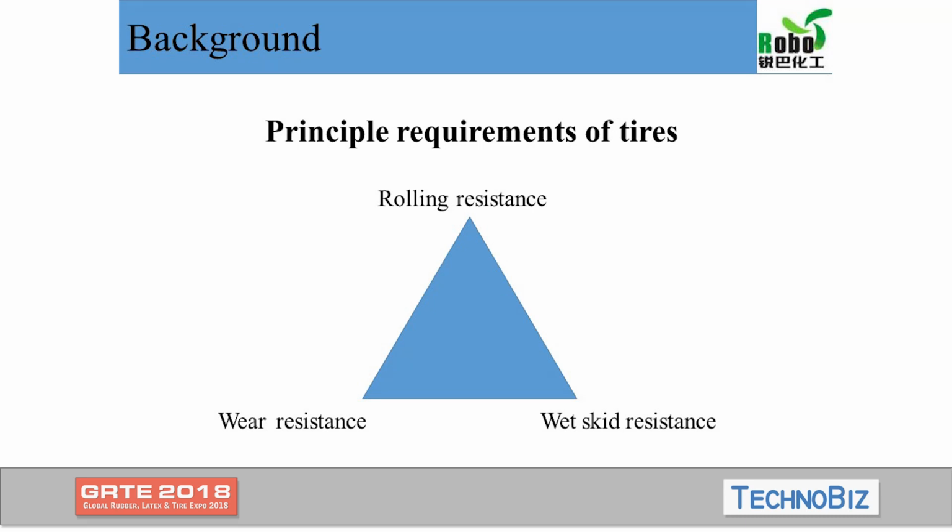As we all know, the tire industry has required continued development in the area of increasing durability, better fuel economy, and improved safety. All these requirements can be met by improvement in rolling resistance and skid resistance, especially in wet conditions, and wear resistance.